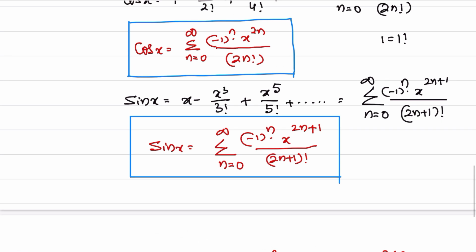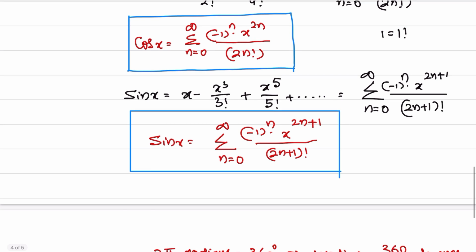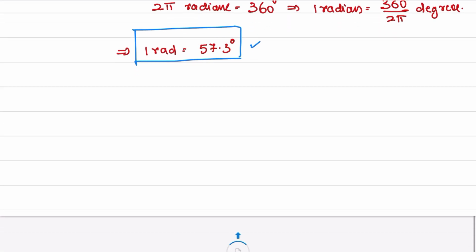And cos x and sin x, we got the value, and whenever x is equal to 0, let us try to test the series, whether the series is correct or not. What we have got? Sin x is equal to x minus, why I am repeating, this is very important to understand and to remember.